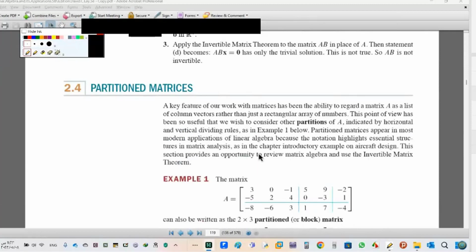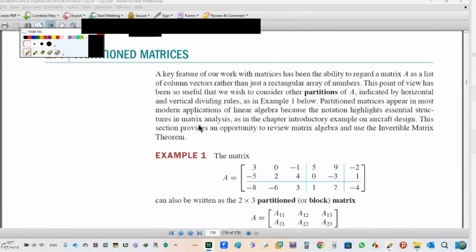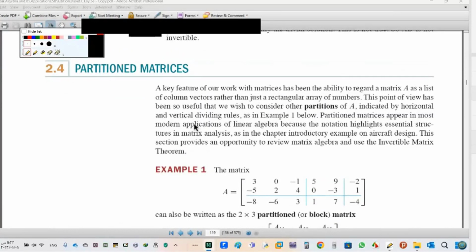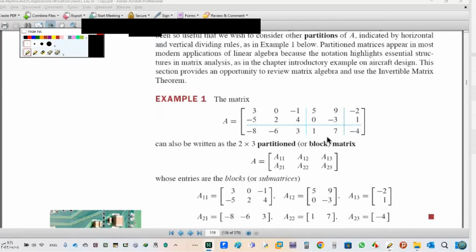Now here also we have 2.4. This is just reading. I will give you the information, but it's not included in the exam. This one is called partitioned matrix. What is this? Usually, if we have a big matrix like this one, we can divide this matrix into small matrices. Today's lecture is just for reading, not in the exam.